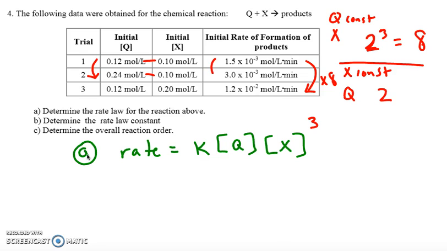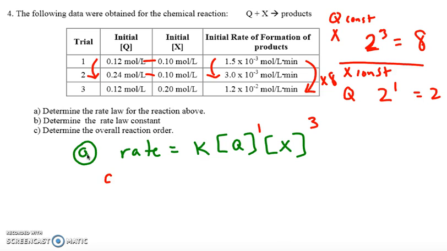What effect does that have on the rate? Well, this might be easier to see. From 1.5 up to 3.0, both are 10 to the negative 3rd power. So what we can see here is that the increase in the rate will also be a doubling. So doubling the concentration of Q only doubles the reaction rate, and so the exponent we're going to need there is a 1. Okay, so Q is going to be 1st order.